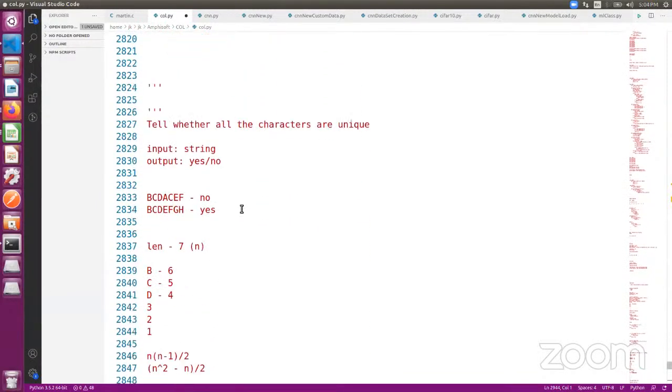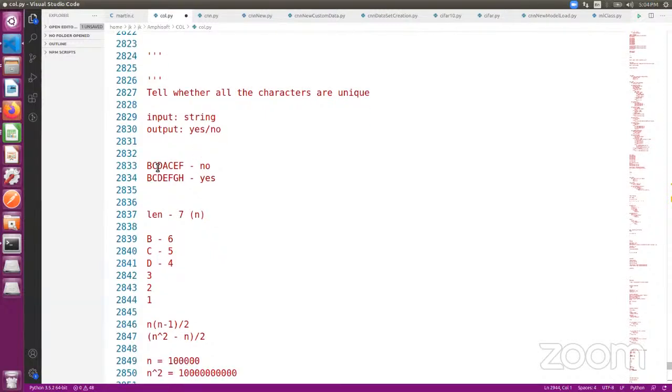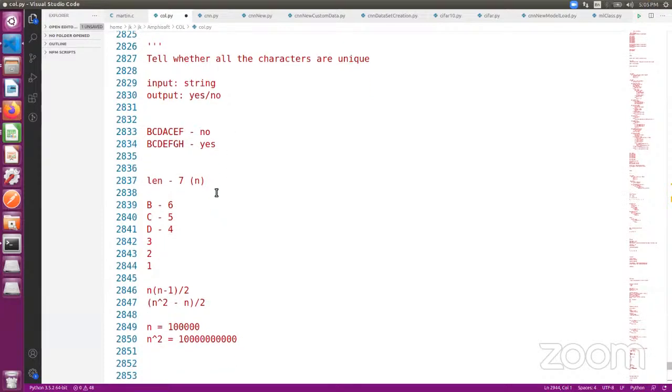And we saw another example, where you'll be given a string and you have to check whether all the characters are unique. Print just yes or no. If all the characters are unique, print yes, else print no. We saw various algorithms. The first algorithm was order of n square.